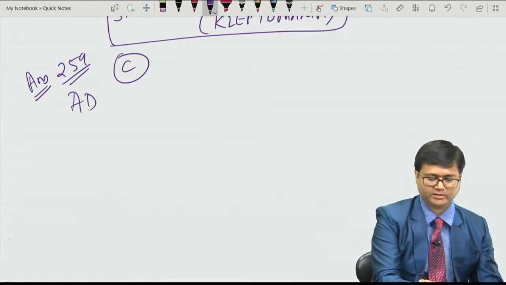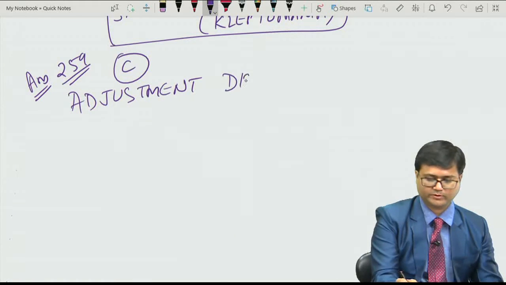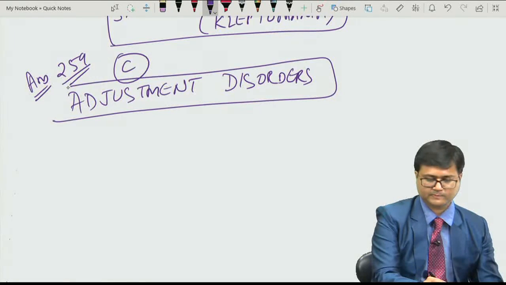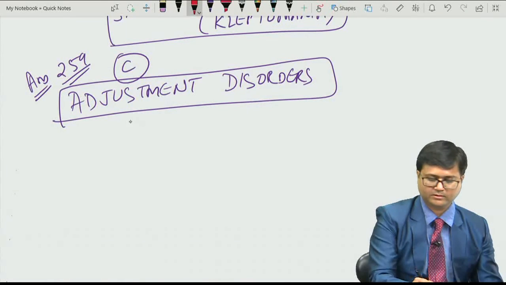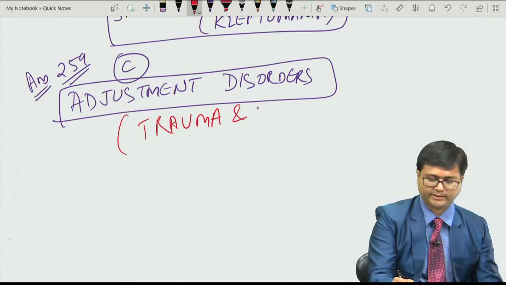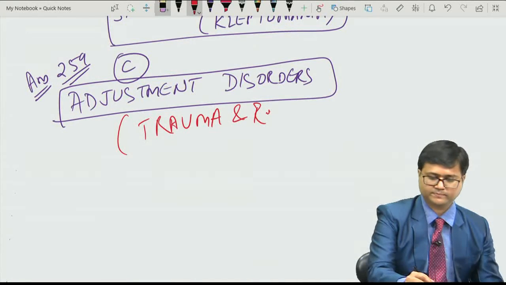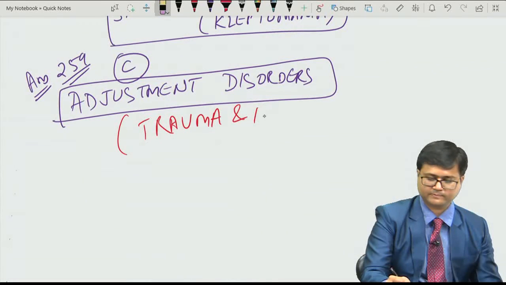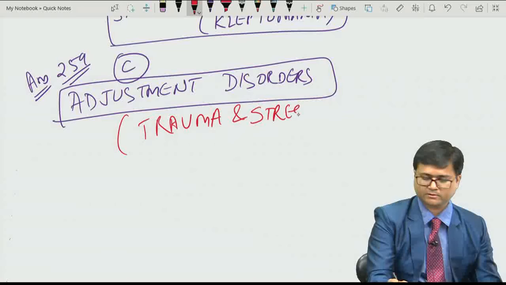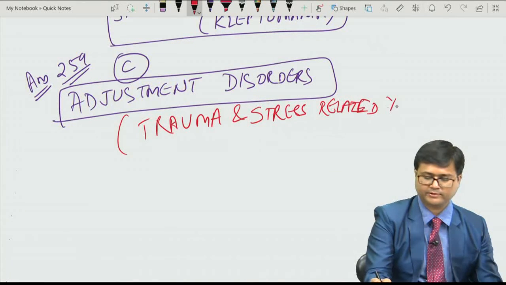Now, adjustment disorders. These come under the anxiety disorders with trauma and stress related disorders.